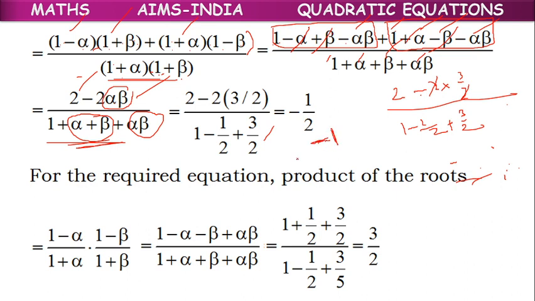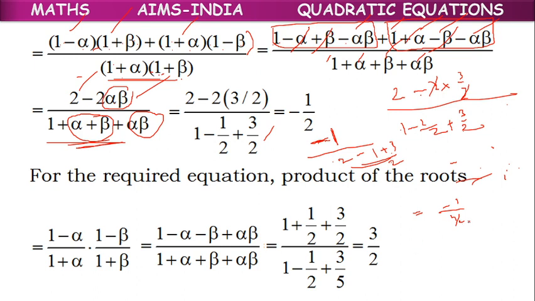Denominator, what is the LCM? 2. 2 1 is 2, minus 2 1 is 2. 1. Again 3 here. 2 1 is 2. 3 here. So what is coming? Minus 1 by 3 plus 2, 5 minus 1, 4 by 2.